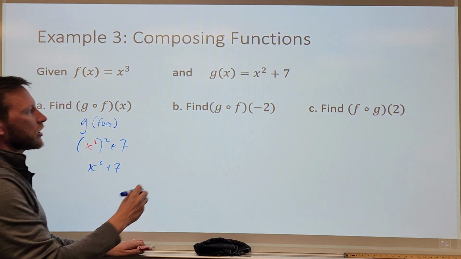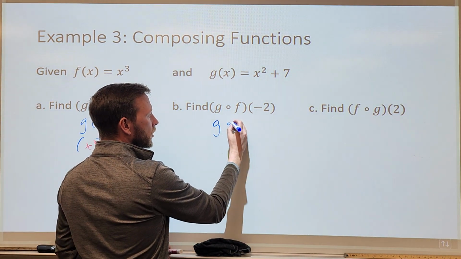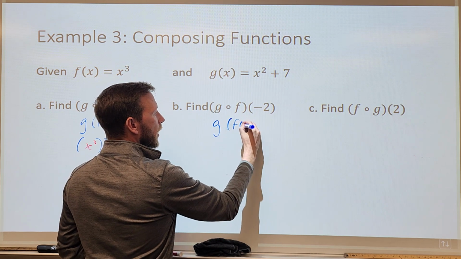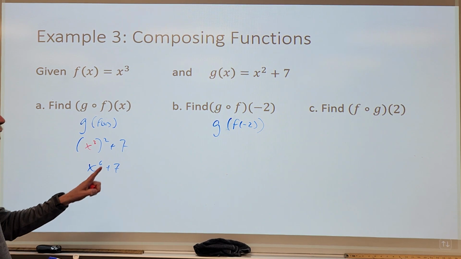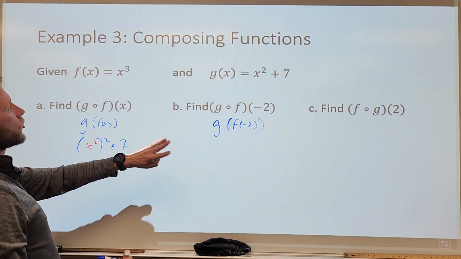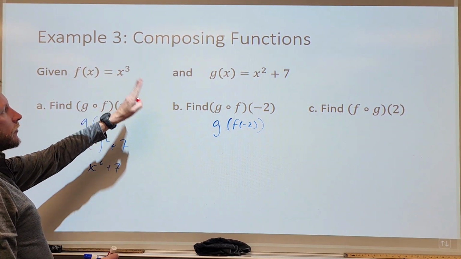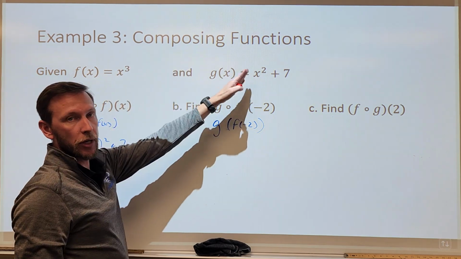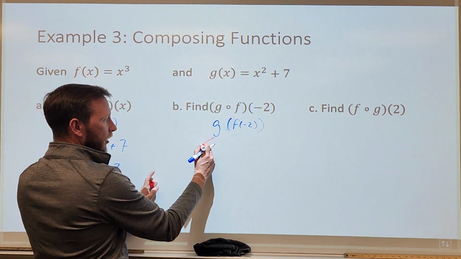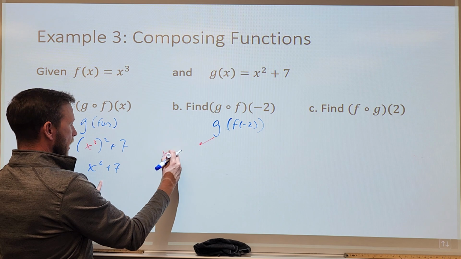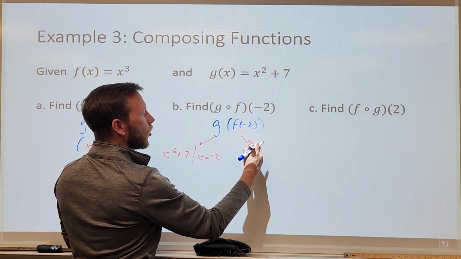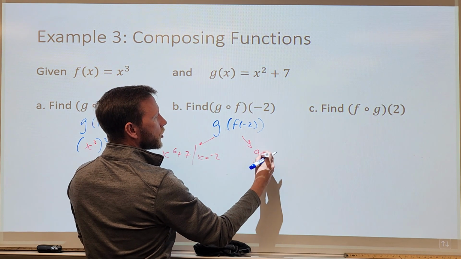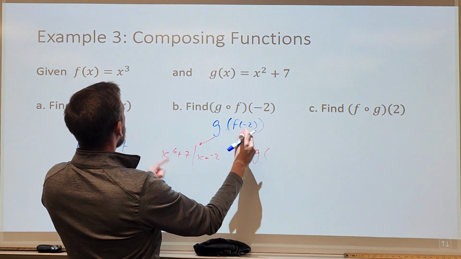Now, if I want to find g of f of negative 2, I can do two things. One, I can put negative 2 in here, and then take that output and put it in there. So there's kind of two ways. Like I said, we can do x to the 6th plus 7 with x equal to negative 2, or we can do g of f of negative 2.